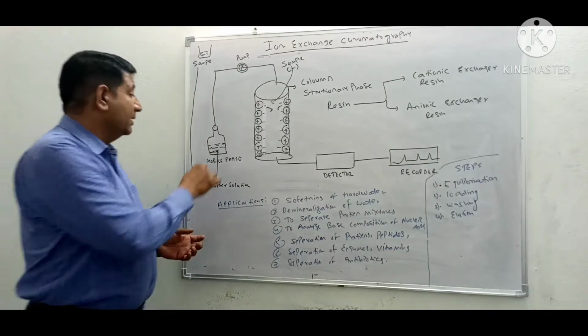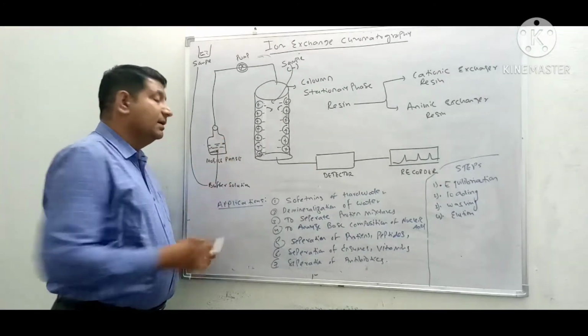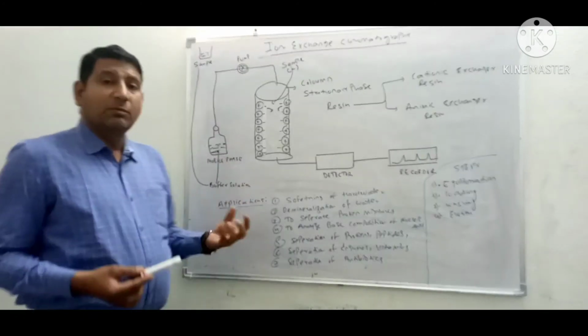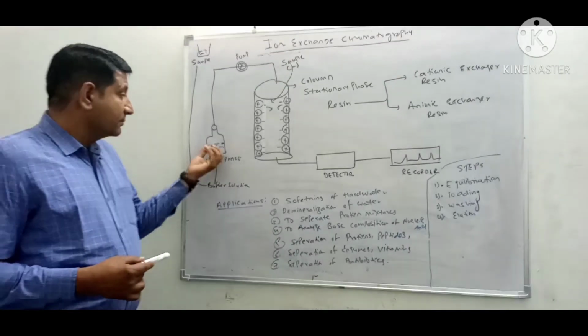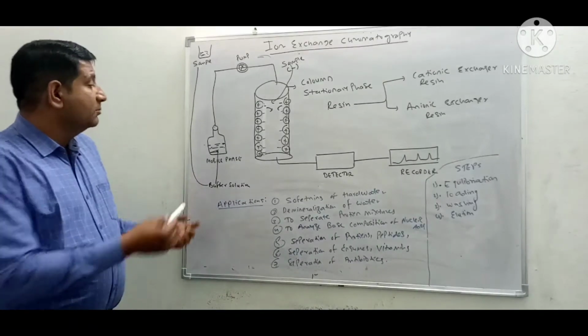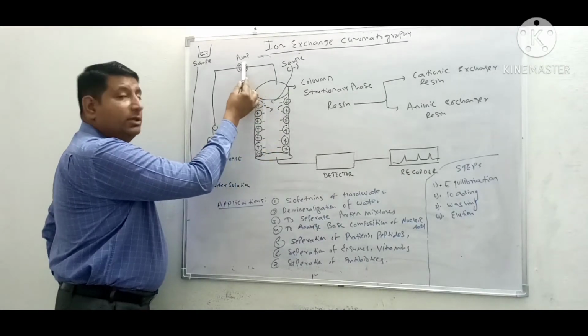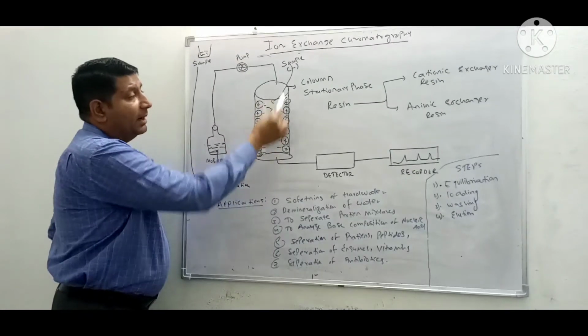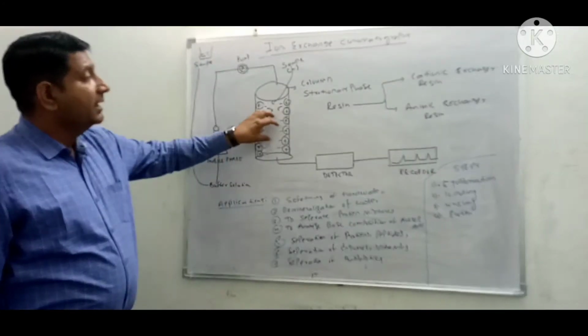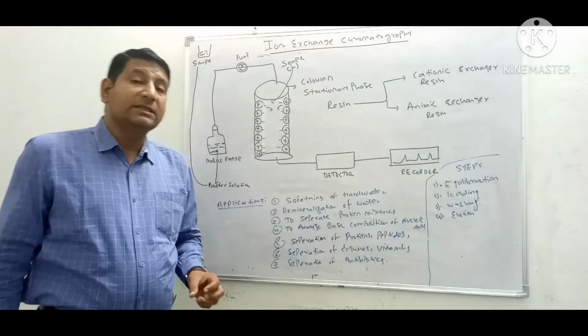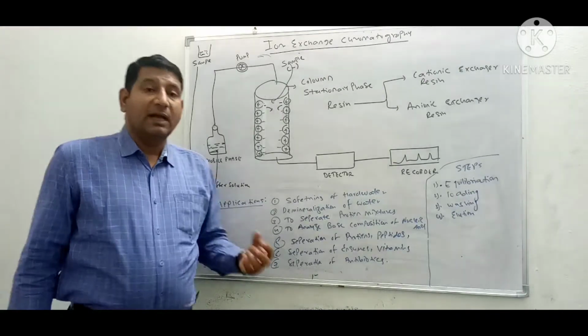First of all, in ion exchange chromatography, there is a reservoir in which the mobile phase is kept, and this mobile phase is pumped into a column by a pump. This column is a packed column containing exchange resins, which we discussed in our last lecture.